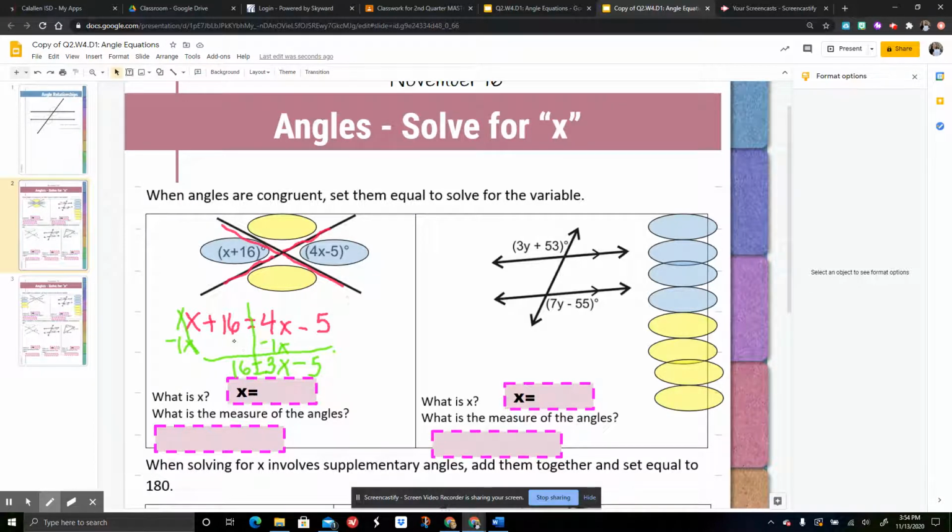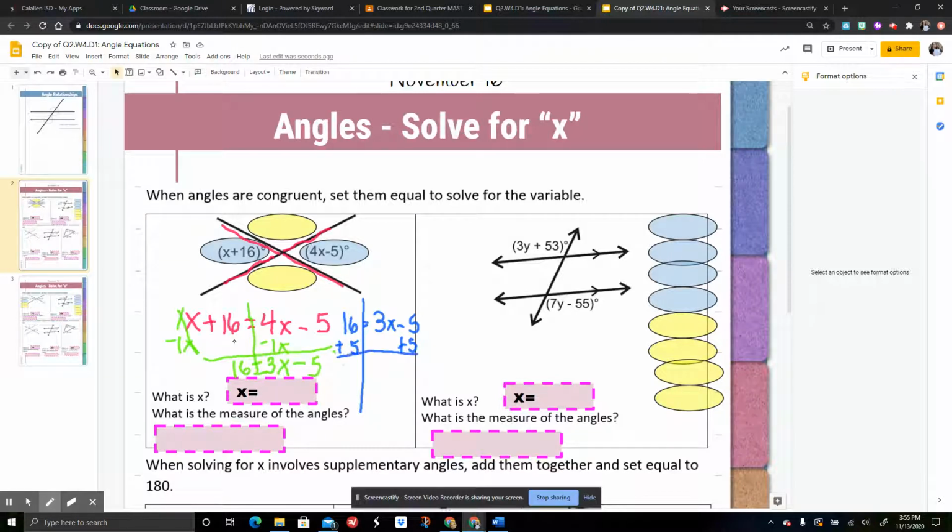And I'm going to rewrite that right over here just so that I can have more room to work. So 16 equals 3x minus 5. Now I have 3x that I need to get isolated, so I have to get rid of the minus 5. The opposite of minus 5 is plus 5.